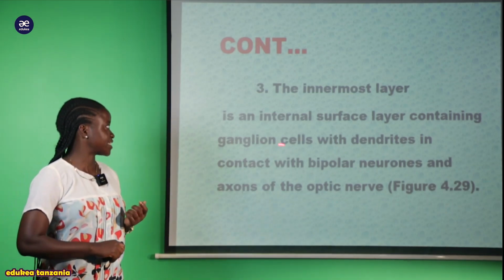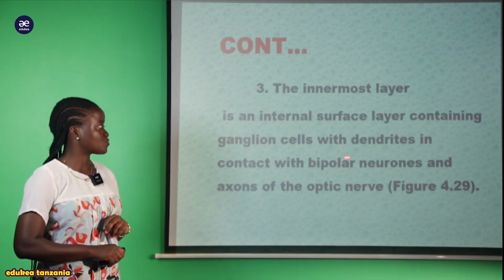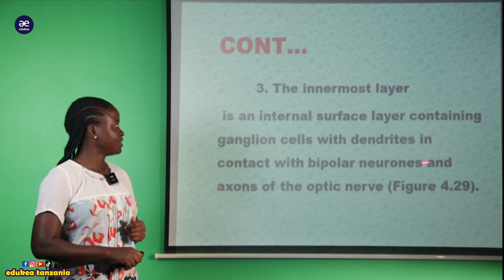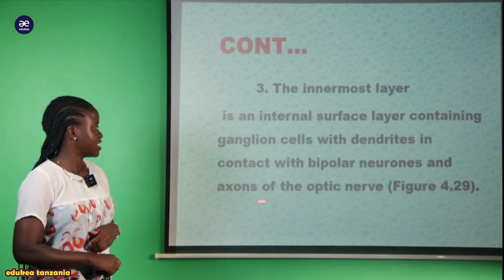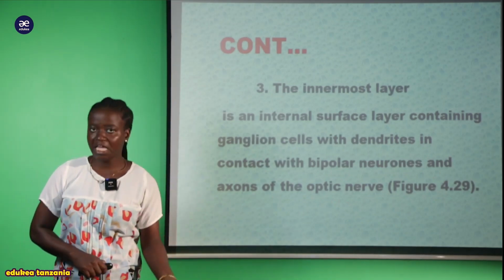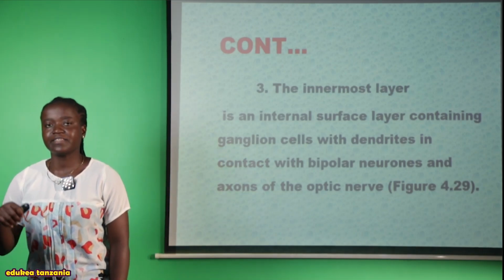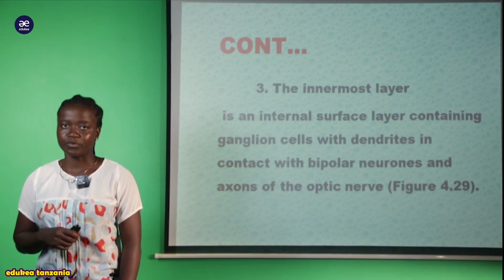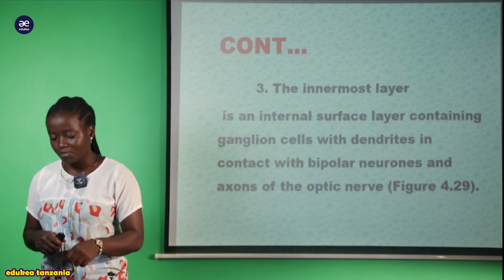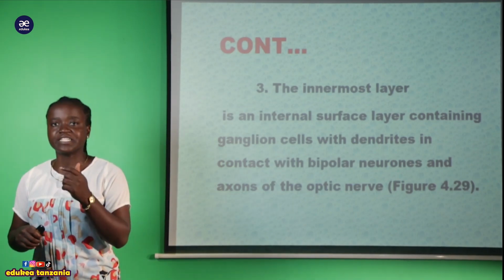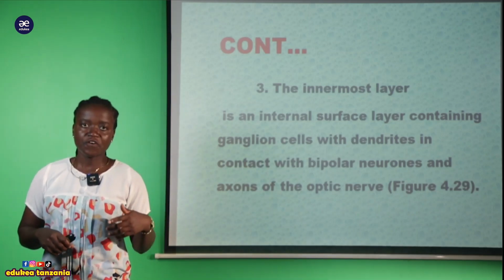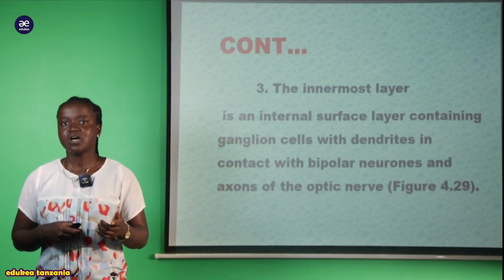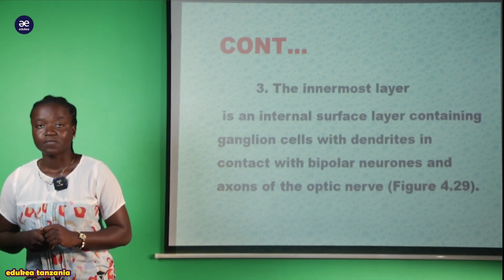These are ganglion cells with dendrites in contact with the bipolar neurons and axons of the optic nerves. Also within the innermost layer is where the optic nerves are found, and the function of the optic nerves is to transmit the electrical impulse from the retina to the brain for more interpretation of the image.